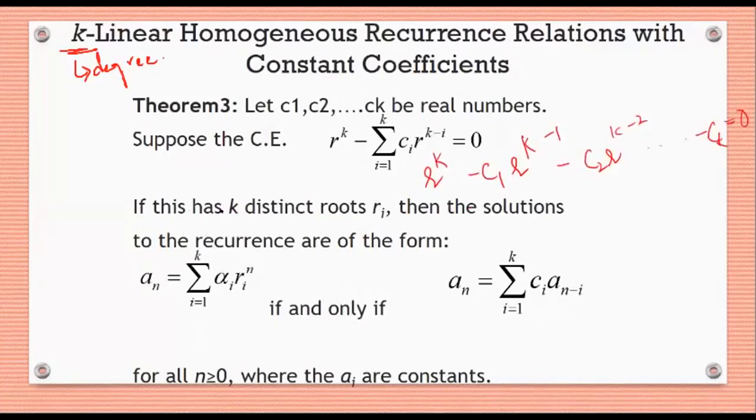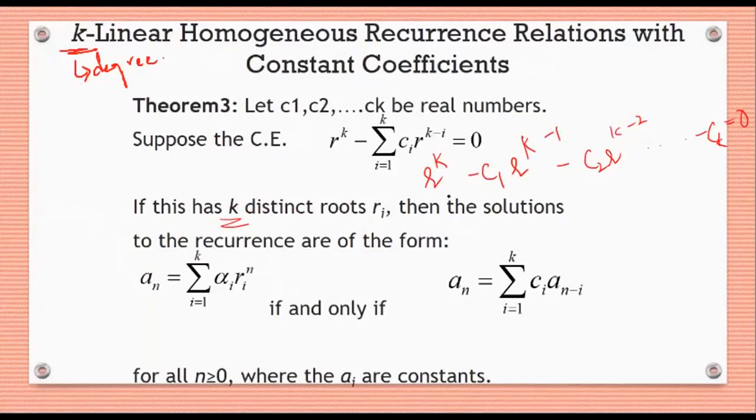If this has k distinct roots, in the case of theorem 3 we are always speaking about distinct roots. Whenever the roots are equal and the degree is k, we will have a different theorem. So for now we want distinct roots Ri: R1, R2, R3.